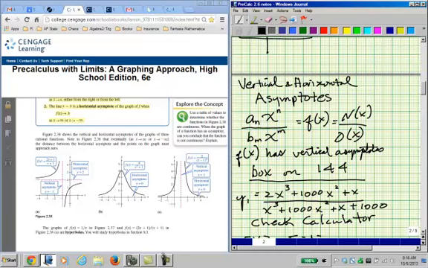As x increases without bound, as x approaches positive infinity, y is going to approach 0. So you have a horizontal asymptote at y equals 0. And then the last function has two vertical asymptotes, at x equals 1 and its counterpart. Okay, and the graph approaches from either side.